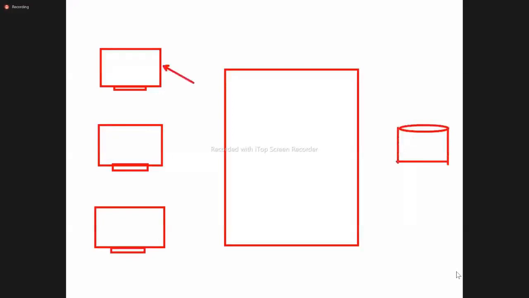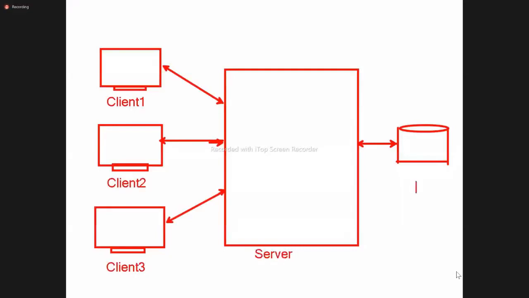These clients are communicating with the server. The server communicates with the database. Now, these are client 1, client 2, client 3, server, database.